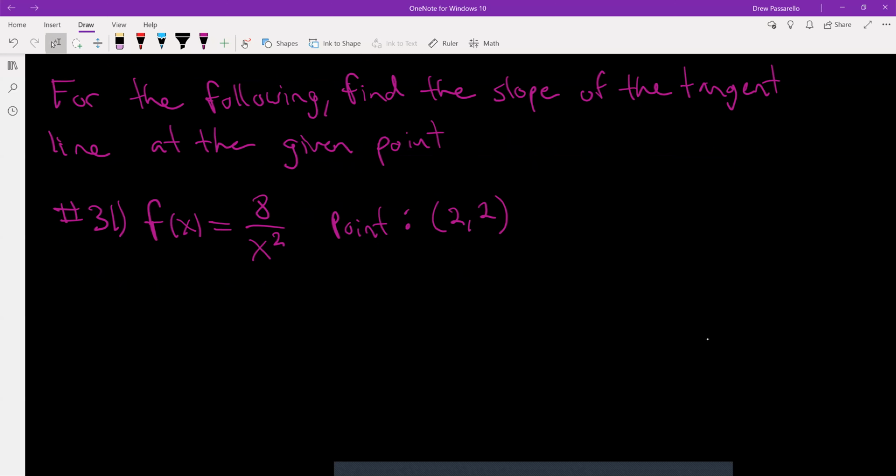So since I know that the slope of the tangent line is given by the derivative, I would find the derivative, f prime of x.